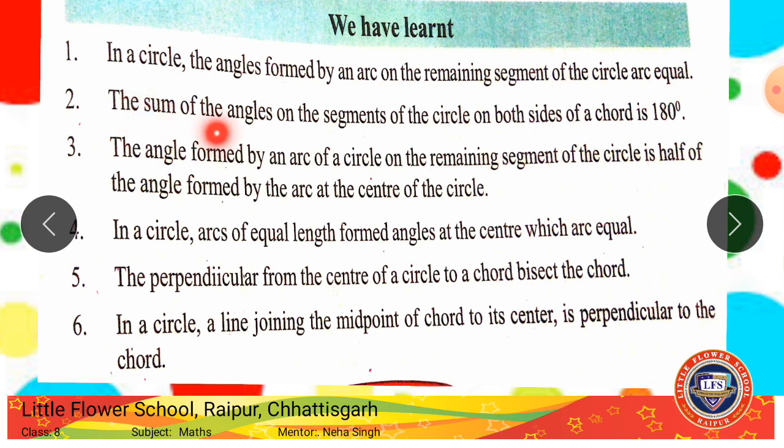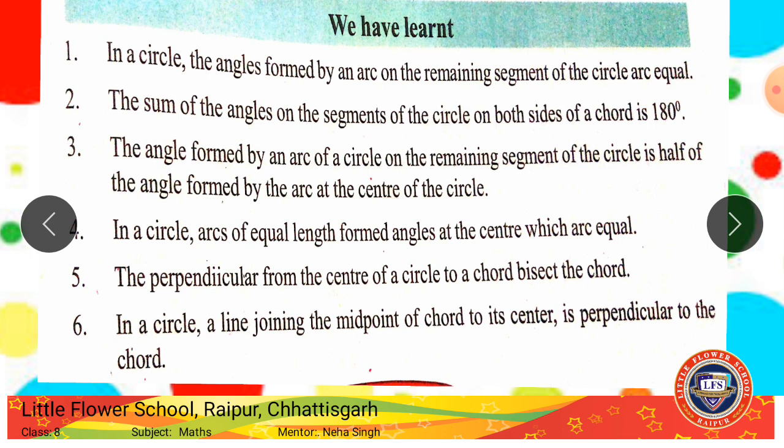Segments: when the circle is divided by a chord, the two parts in which it is divided are called segments, right? So the sum of angles on the segments of the circle on both sides of the chord will be 180 degree, okay?